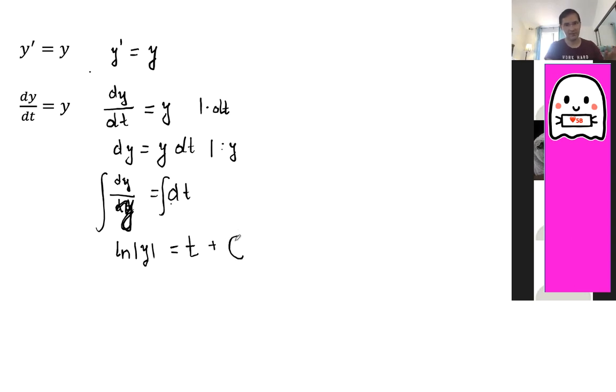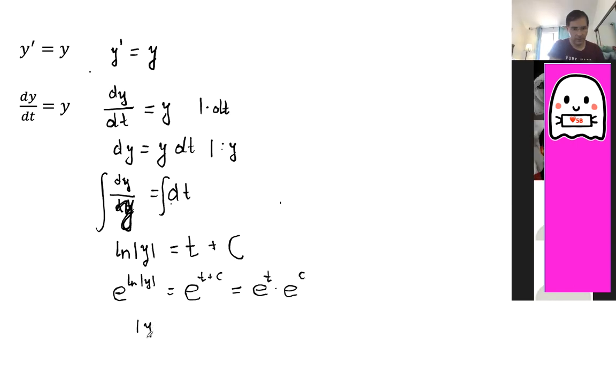Now let's do the same trick that we did the other time. Let's apply the exponential function to the left-hand side and the right-hand side. So we get e to the ln of absolute value of y, equal to e to the t plus c. We mentioned this formula the other day: this is exactly the same as e to the t times e to the c.